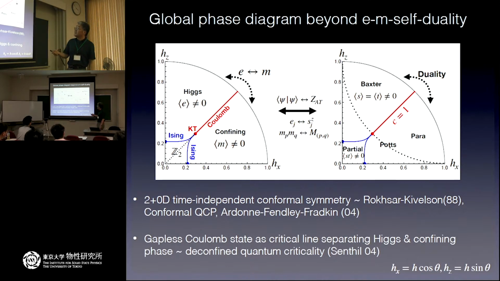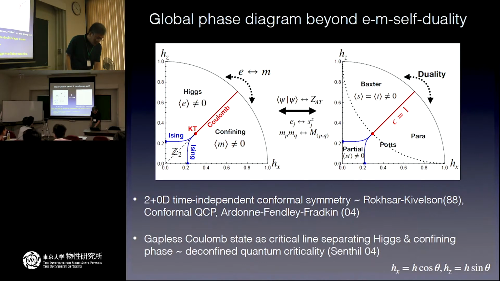But here we just get 2+0, and also there's a special continuum phase transition line separating two seemingly non-topological phases.